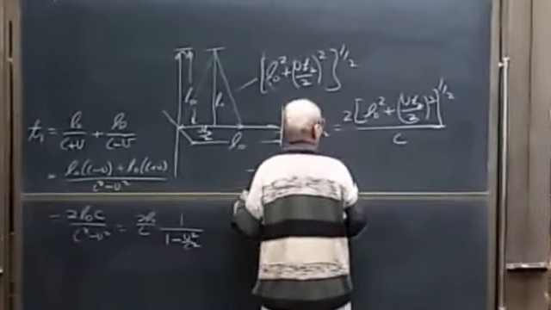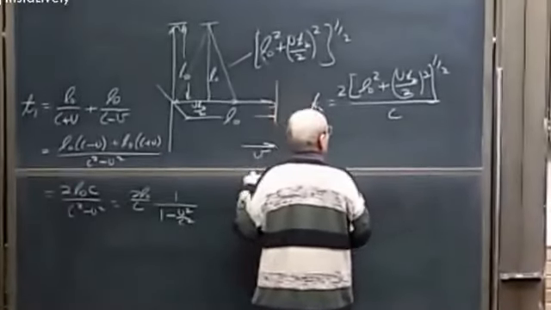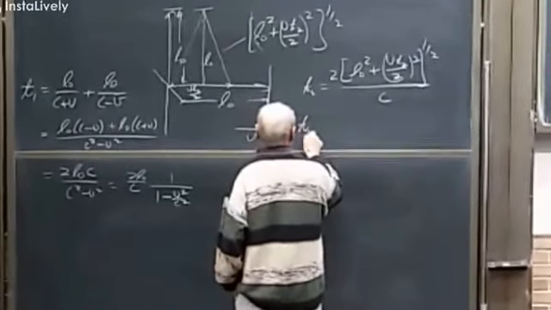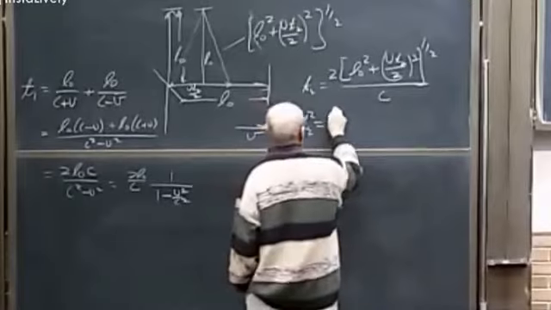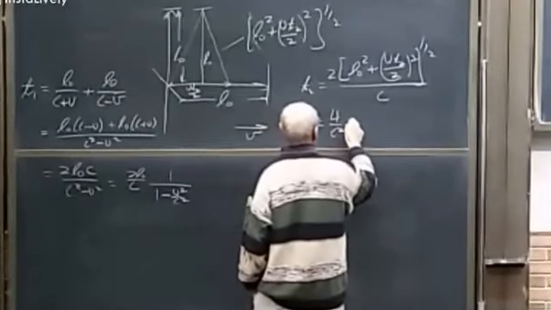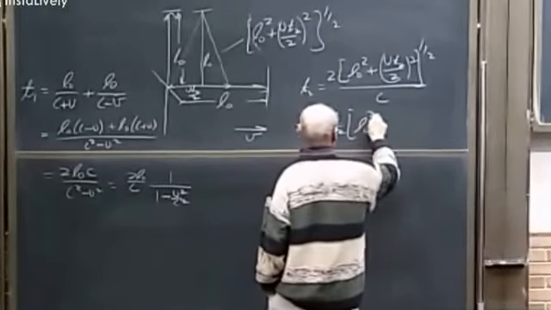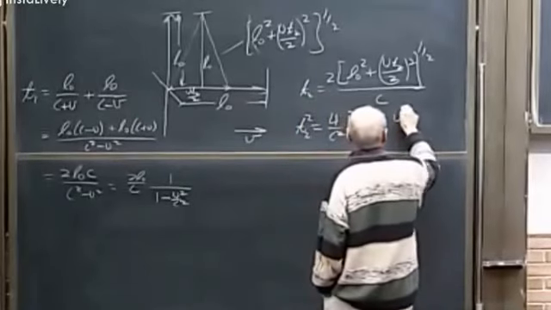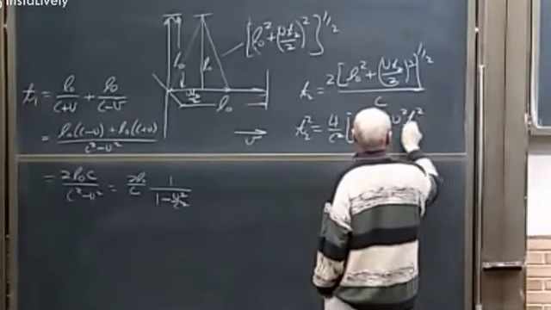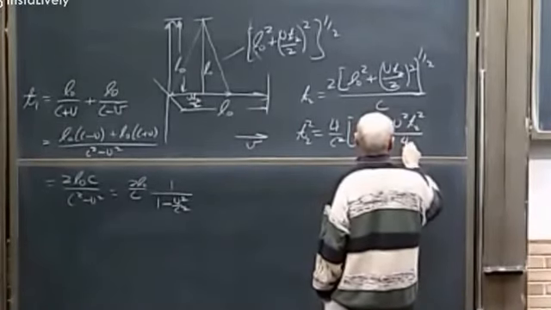Well, to solve this for T2, we square both sides of the equation, and we get T2 squared is equal to 4 over C squared times L0 squared plus B squared T2 squared over 4.